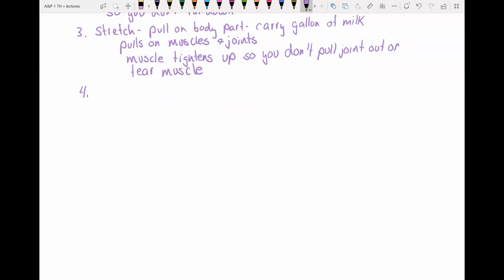And the fourth one is the Golgi tendon reflex. This one is kind of the opposite of the stretch reflex. This inhibits you from using your full strength. You are actually stronger than you realize.